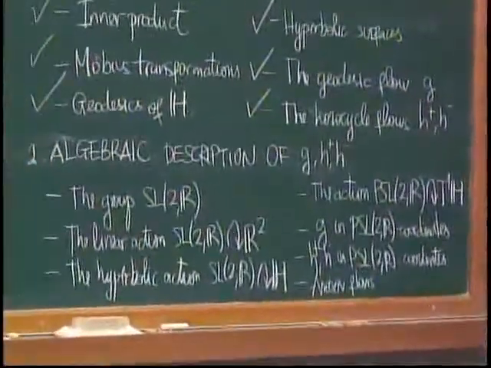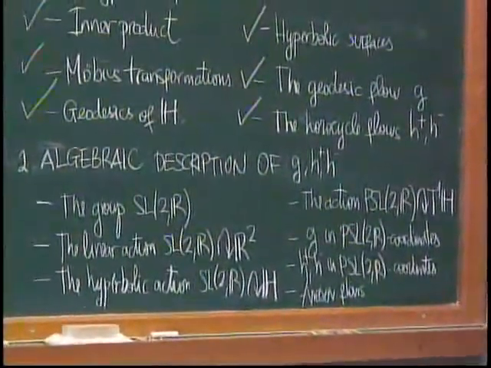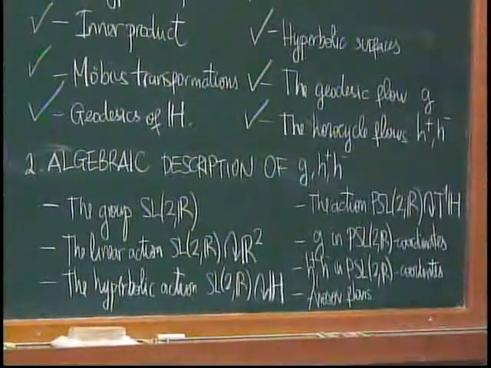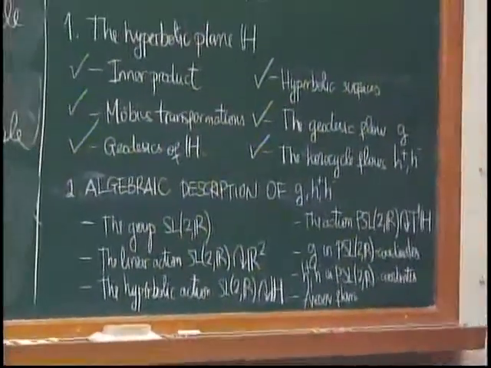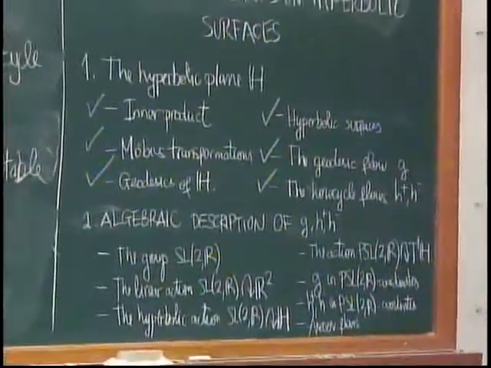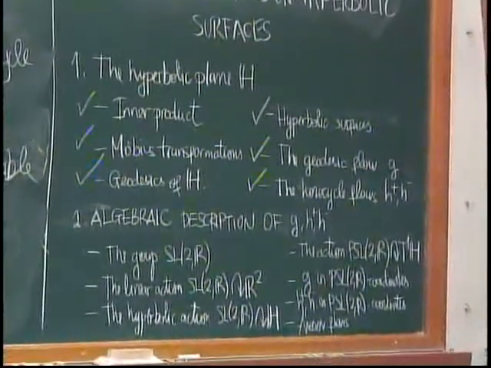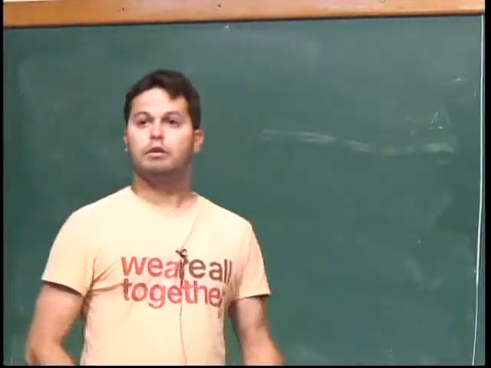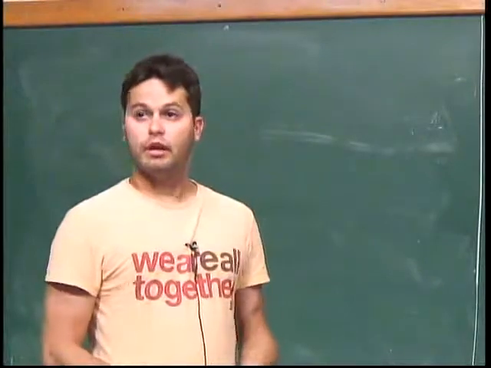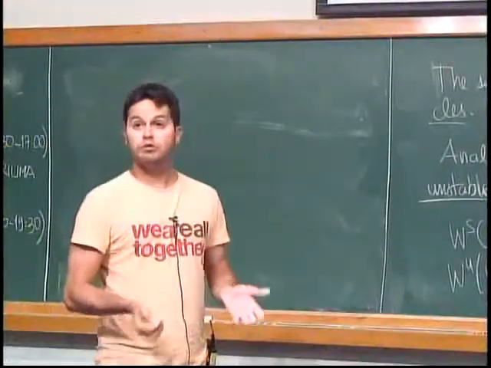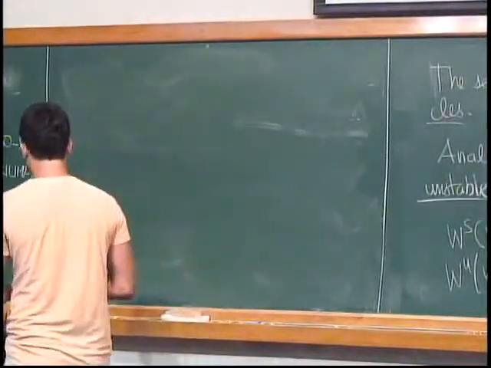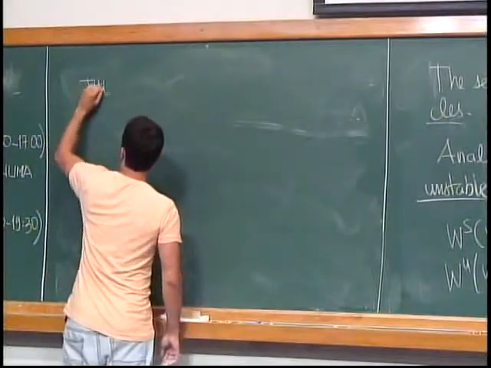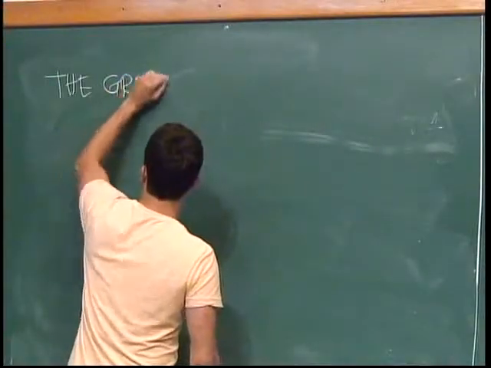Actually, we indeed began with this algebraic description when we considered Möbius transformations as coming from SL2(R). SL2(R) appeared naturally when we considered isometries, and the algebraic description should also take into account the isometries. So first I'm going to consider the group SL2(R), and write down some of the properties of this group.